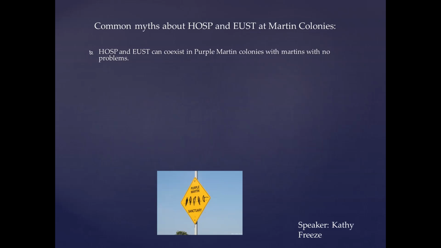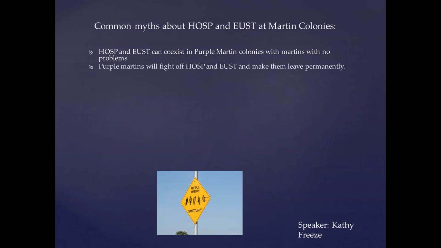They don't find the punctured eggs that have been killed or the nestlings that have been killed. They don't realize they're missing pairs of purple martins and such things like that. So if you're doing nest checks, you will realize that no, they cannot coexist.